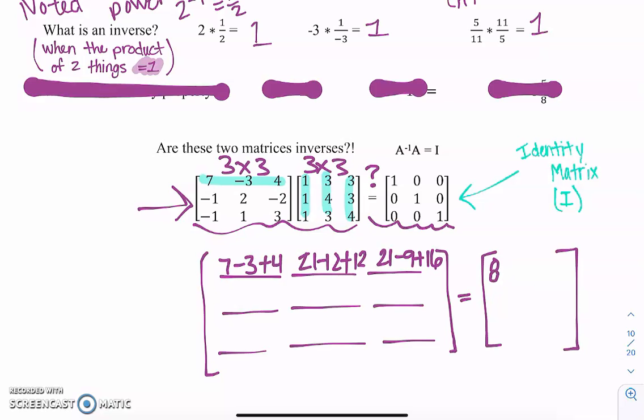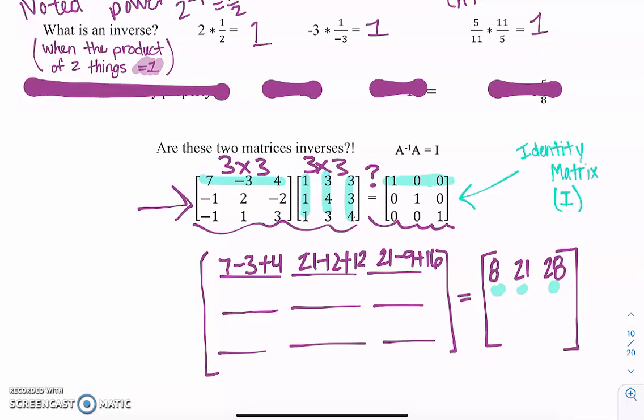So 21 minus 12 plus 12 will be 21. And 21 minus 9 is 12 plus 16 is 28. What you're looking for is if it's equaling 1, 0, and 0.